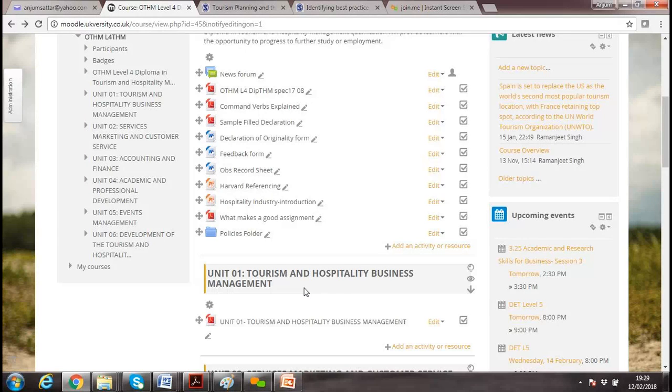Brilliant. Yes, it's such a big industry. Even nursing and hospital services, the NHS, come under the service industry. So travel and hospitality is quite big. Even some people include travel, tourism and hospitality in the service industry.